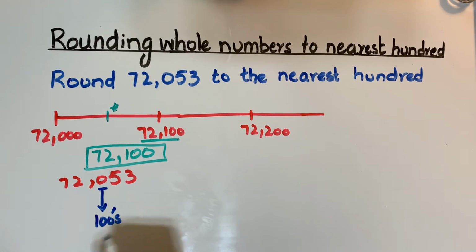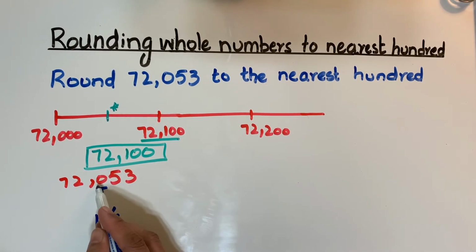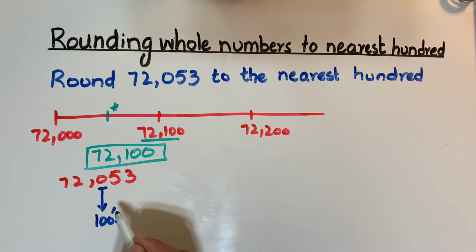So this is the place and this is the number which we have to round. The first rule from my previous video is that to round the hundreds place, we have to look at the place to the right of the rounded place.